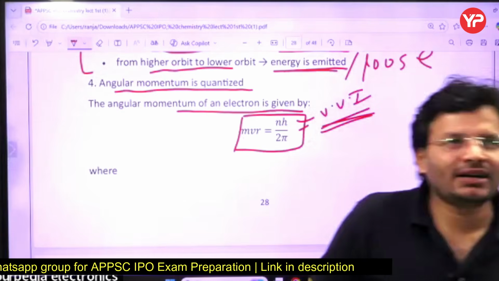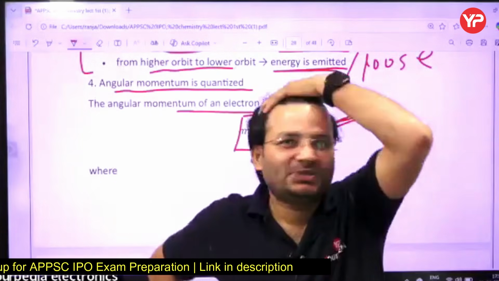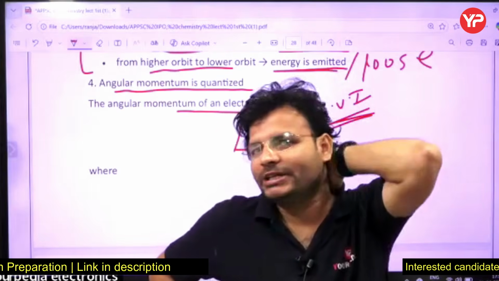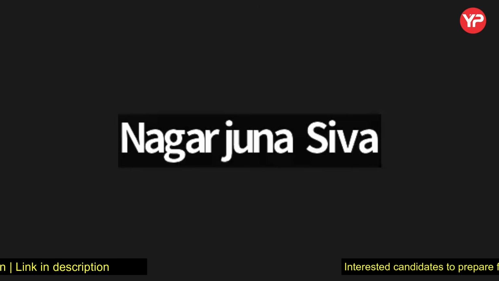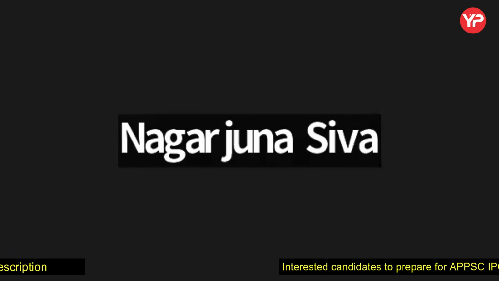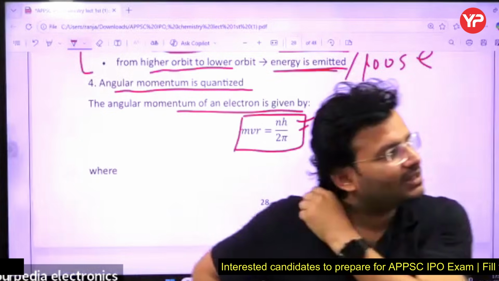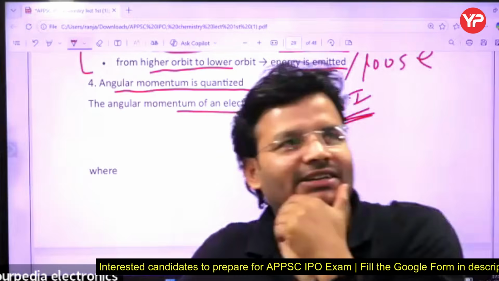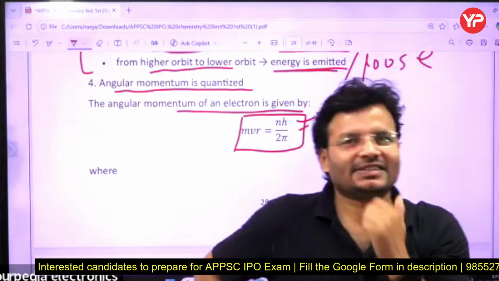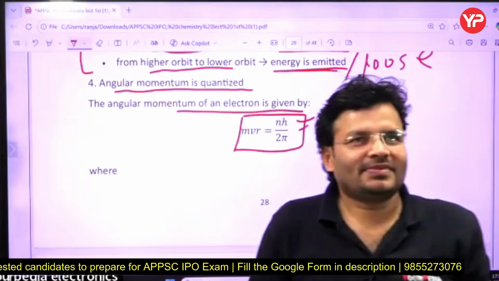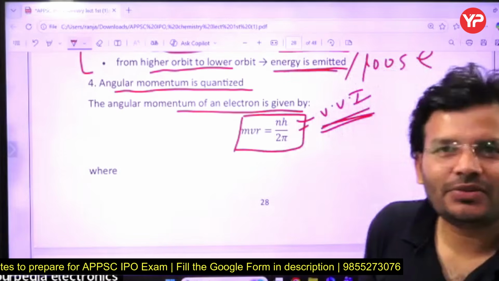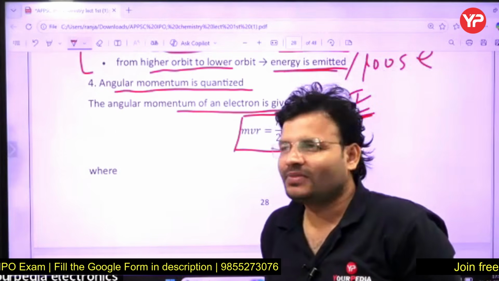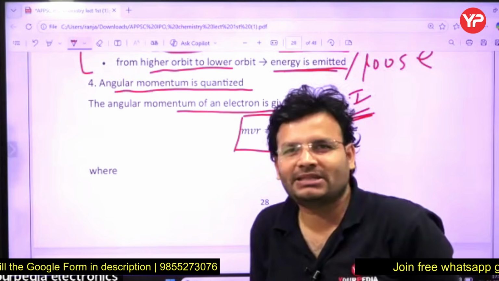So tell me one thing, are you going to appear in the HPCL exam also? Have you filled the form? No, sir. Okay, no problem. I think your age is more than required. Most of the students have filled it, even in the other batch.